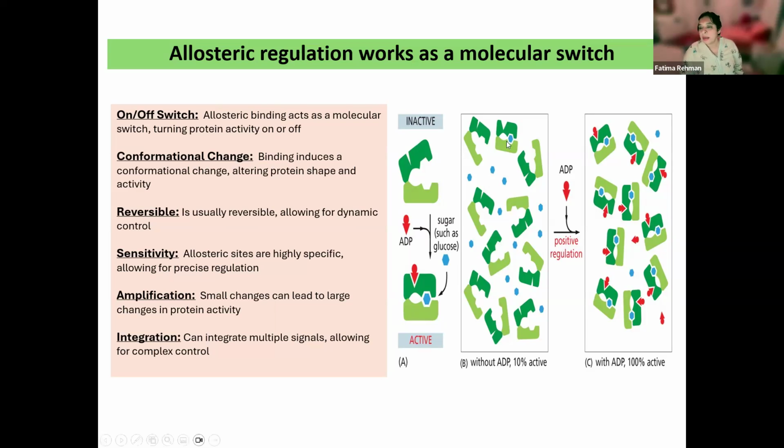Now, when the cell is low on energy, low on ATP, you are going to have a lot of ADP in the system because it has already used the ATP into ADP. So these ADP molecules are going to come in and bind to this protein molecule. This enzymatic molecule can now bind and stabilize that binding with glucose, leading to glycolysis or any other function that it needs to perform to get the energy needed.